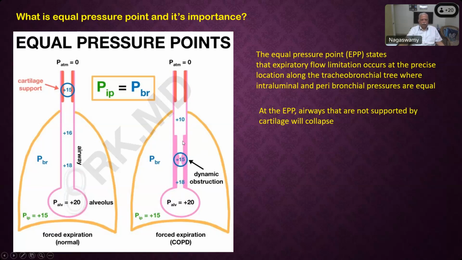That is the mechanism why COPD patients find it difficult to breathe out more than breathe in, because this collapse occurs inside the thoracic cage at a place where there is no support by the cartilage. So that is the importance of equal pressure point. Mainly in COPD, this is the most important point which causes the dynamic obstruction in addition to the anatomical narrowing that happens.